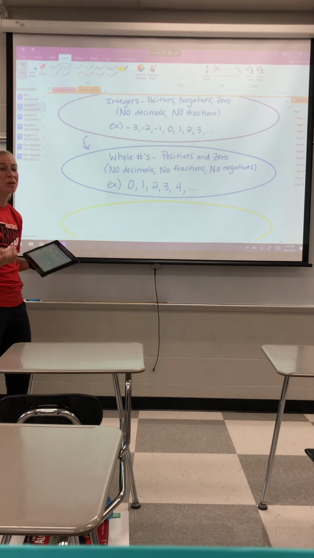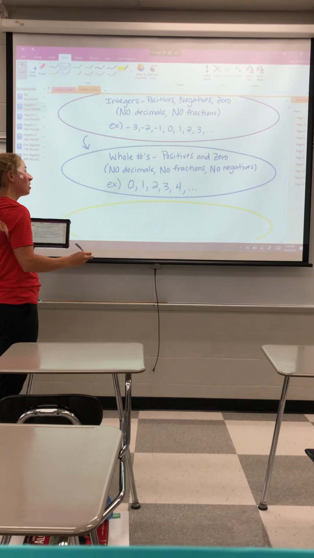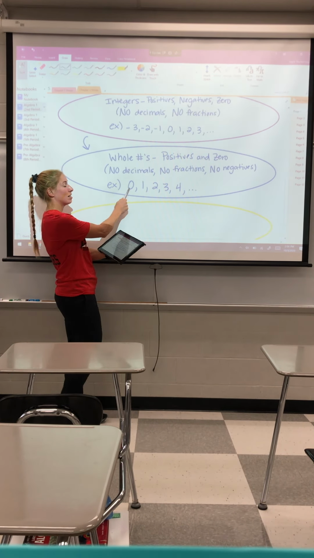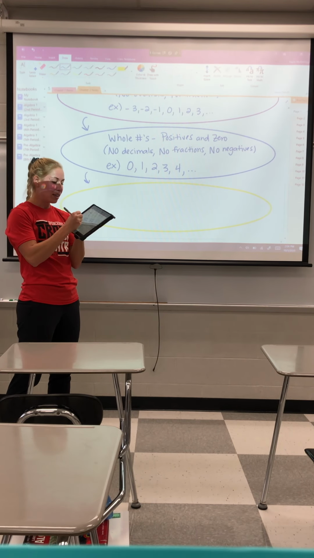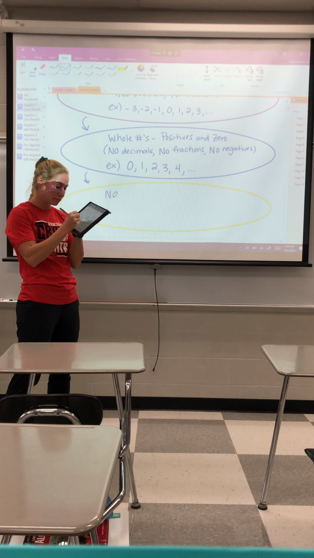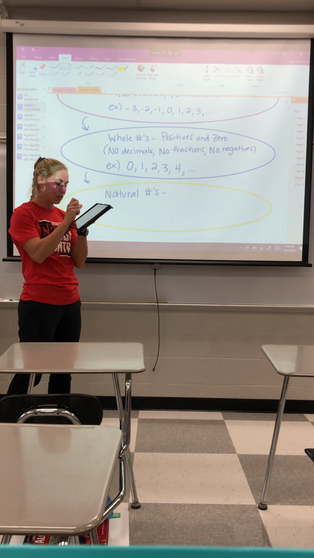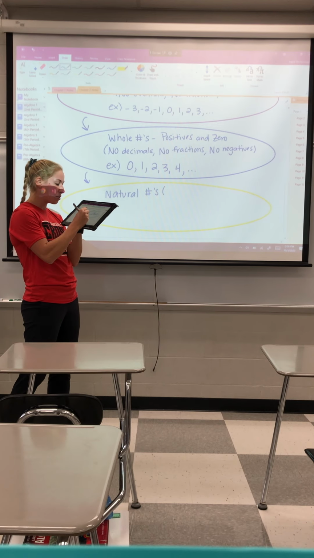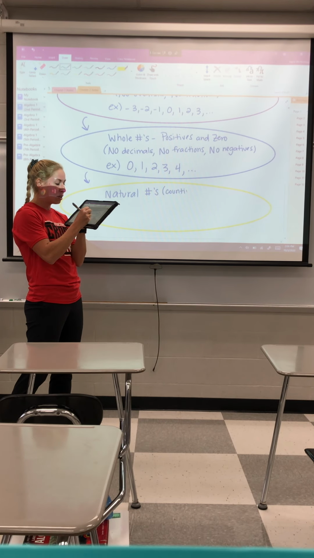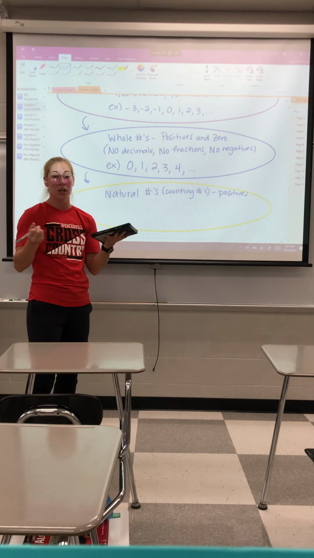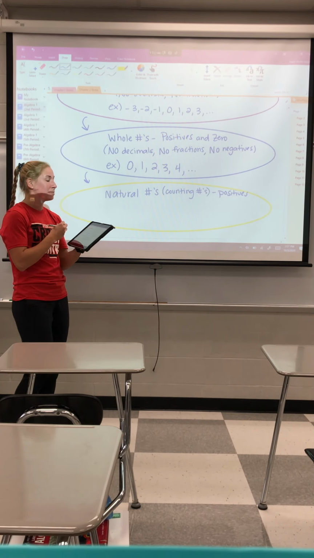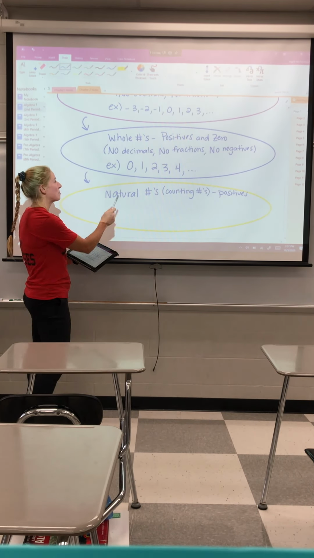This group gets broken down into one more subgroup. The only thing really left for us to get rid of is 0. So when we cut 0 out of this group, we now have a subgroup called the natural numbers. The natural numbers are just your positives, also known as your counting numbers. Maybe when you were little and first started counting, you started with 1, right? If I ever do have children, I'll probably start them out with 0.